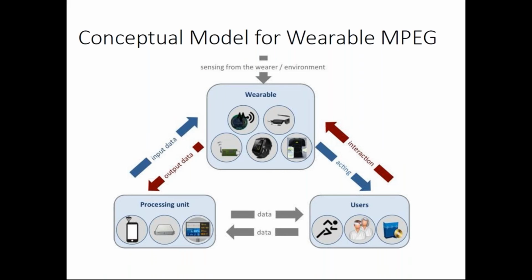From those wearable devices, the data is given to a processing unit. Here, basic steps of data pre-processing, such as noise removal, filter application, peak detection, all those pre-processing steps are done.